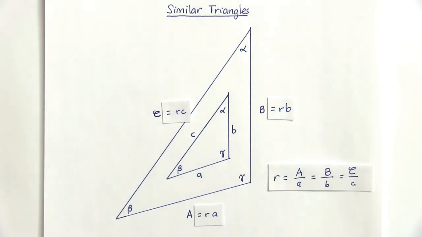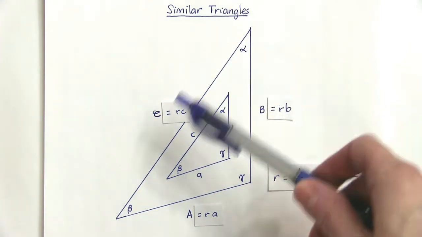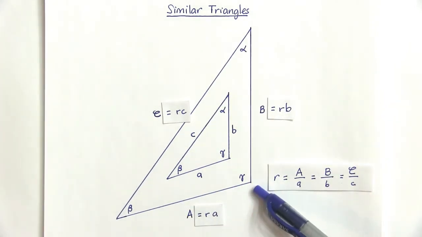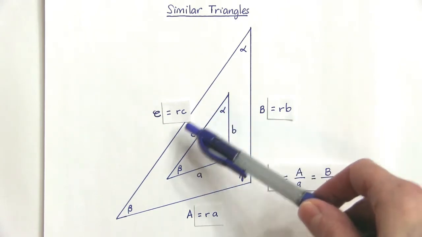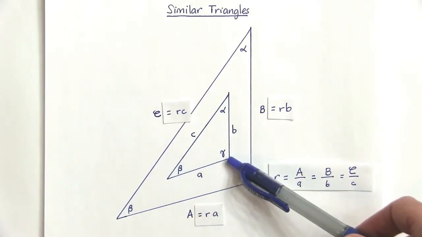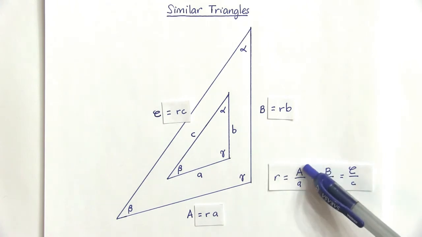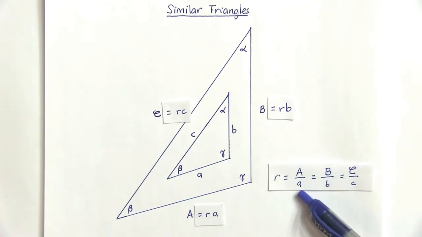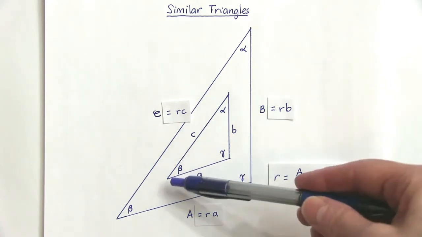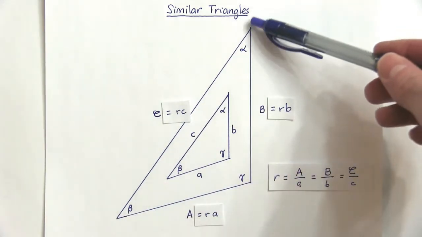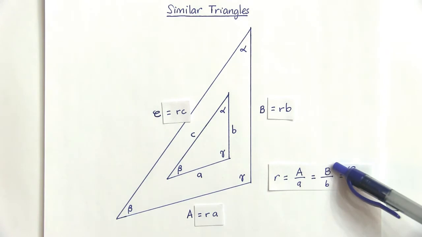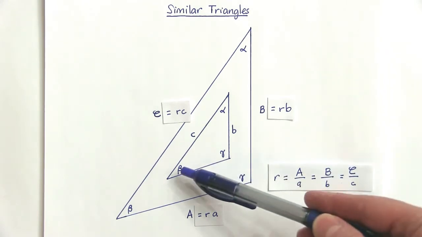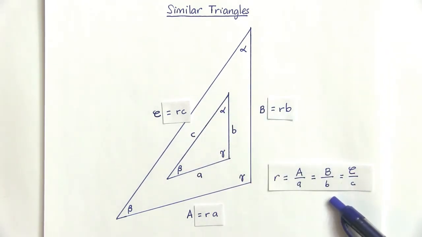So you take the side which is opposite alpha in the big triangle and divide it by the side opposite alpha in the little triangle, or big A over little a, and that will be equal to the side opposite of beta in the big triangle over the side opposite of beta in the little triangle.